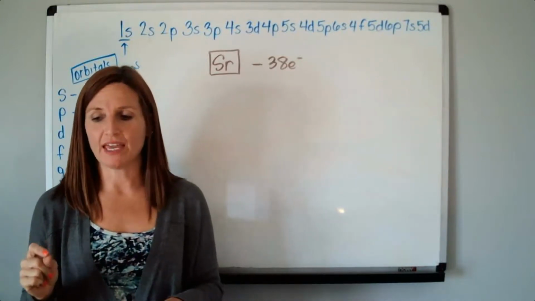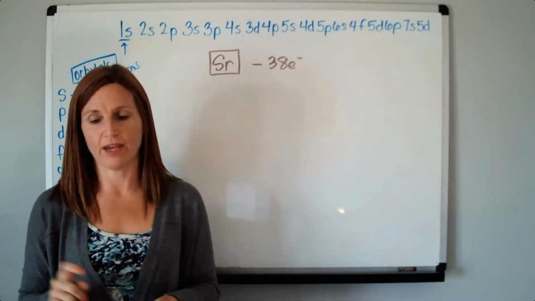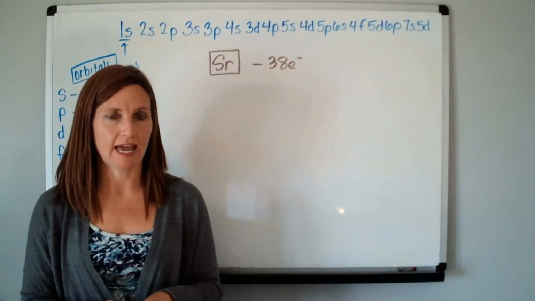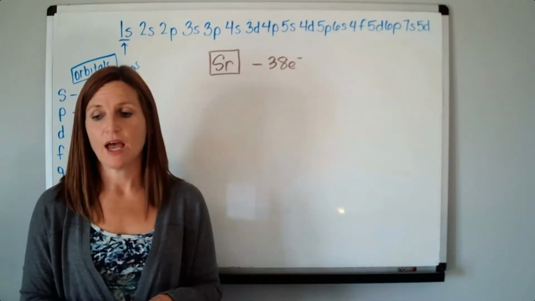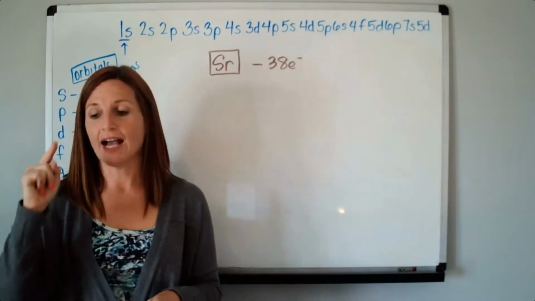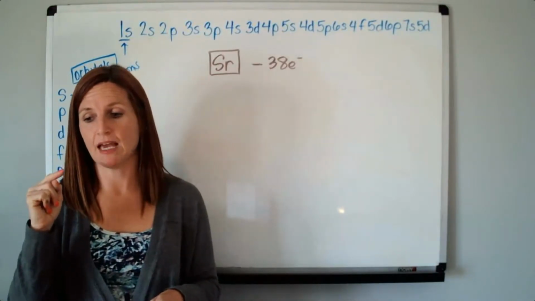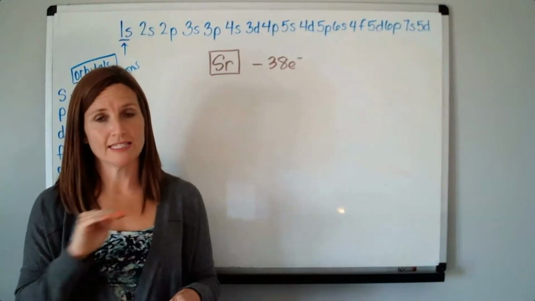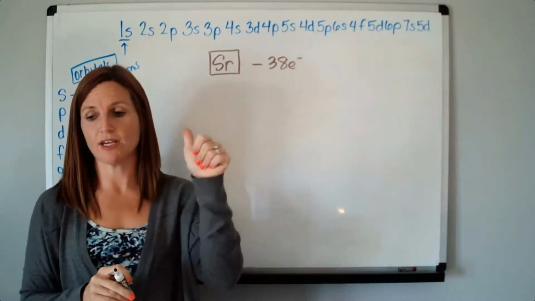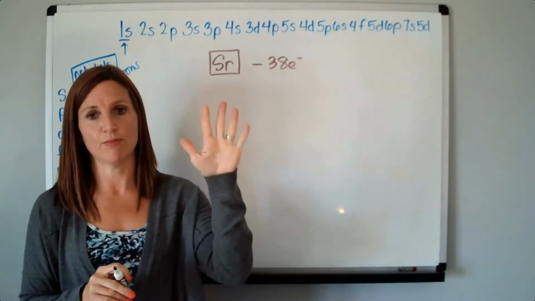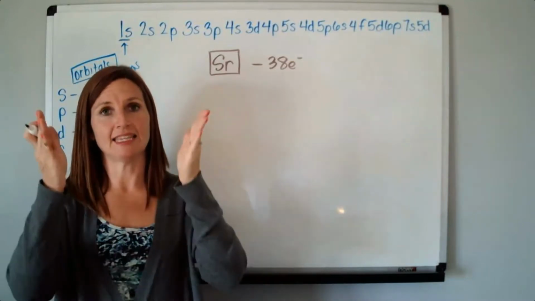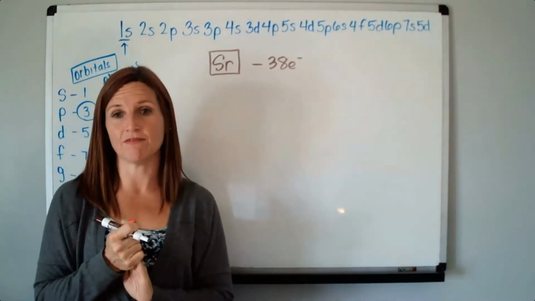And I even think that strontium is going to end at 5s. Because if we count down from hydrogen, lithium, sodium, potassium, rubidium, it's in the same line as rubidium. So hydrogen, lithium, sodium, potassium, rubidium, 5, and it's in the s block. So we're expecting to end at 5s.